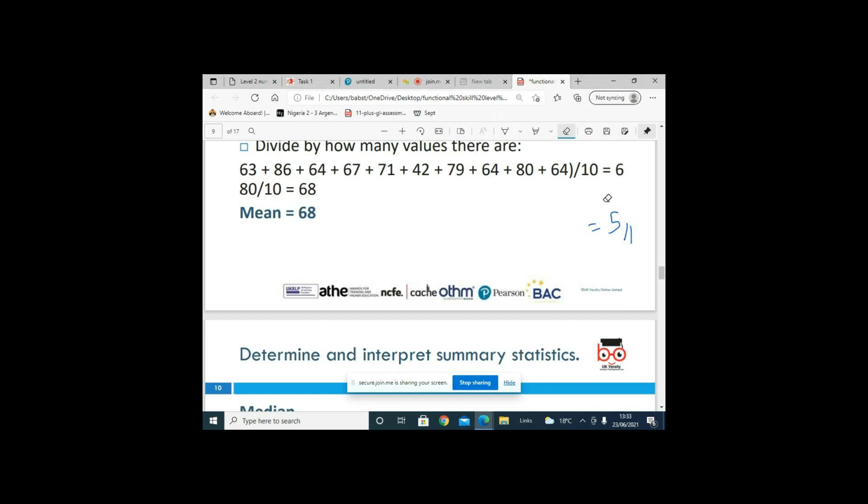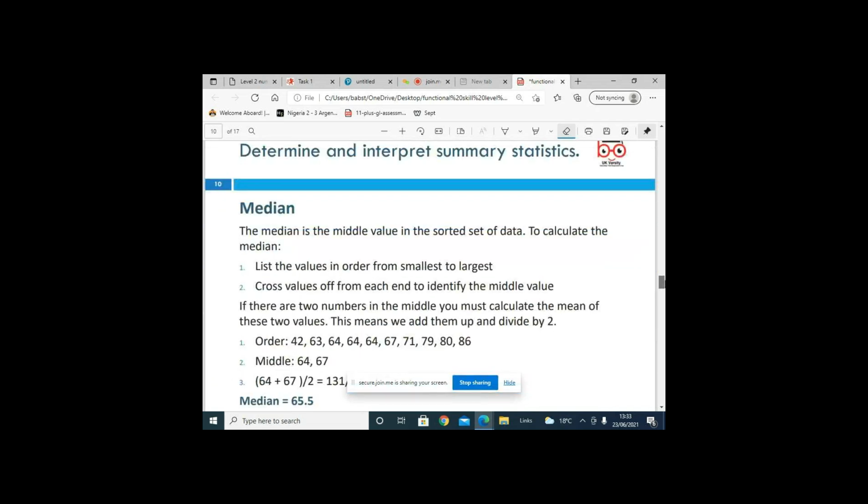The range normally shows how data varies.